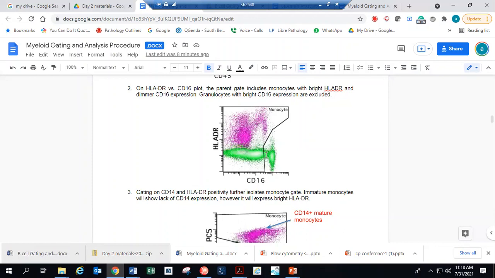Similarly, CD16 will be more of a spectrum, but it will be brighter in mature granulocytes. So they are saying that in the monocyte gate, just exclude the brighter granulocytes that you don't want.